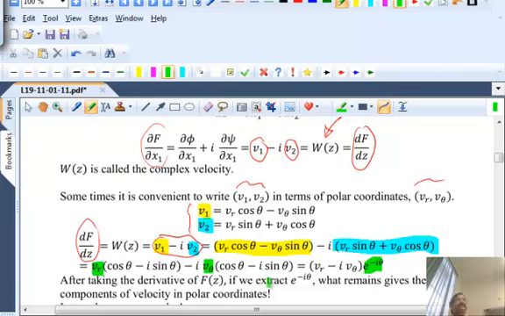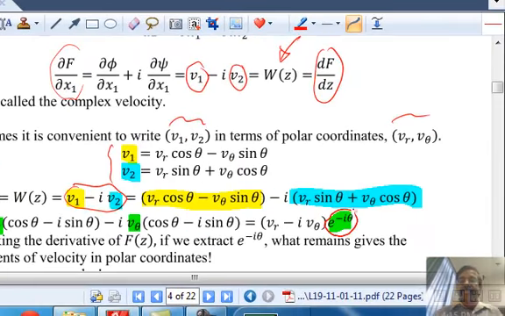So what this tells us is if I take the derivative of that function f that I give you, and then extract this factor, and this is key, extract this factor e to the power minus i theta, whatever is left, split it into its real and imaginary part, and its real part will automatically give you the velocity component in the radial direction, and its imaginary part will give you the velocity component in the theta direction, in cylindrical coordinates.